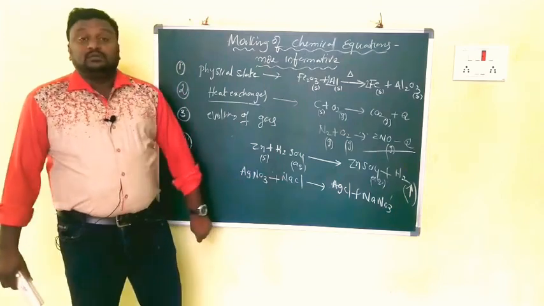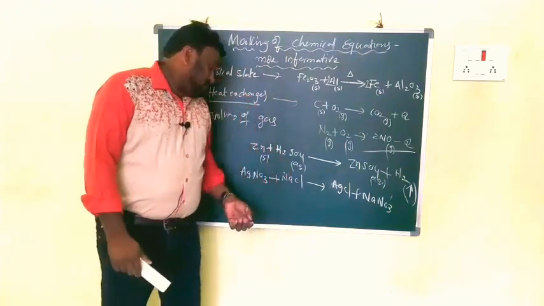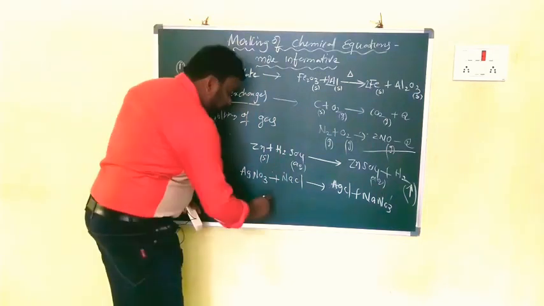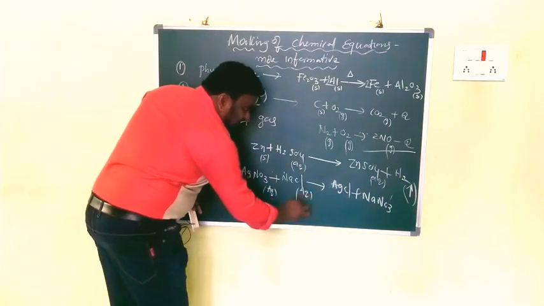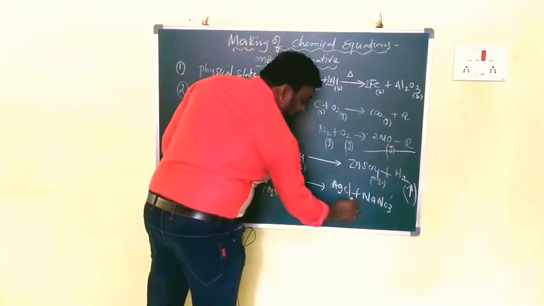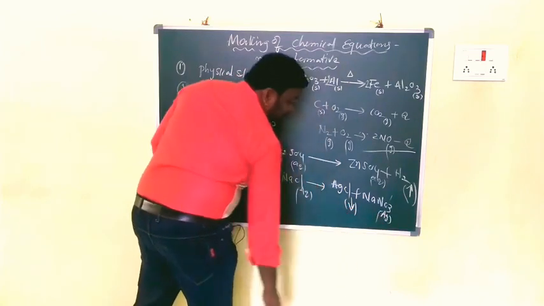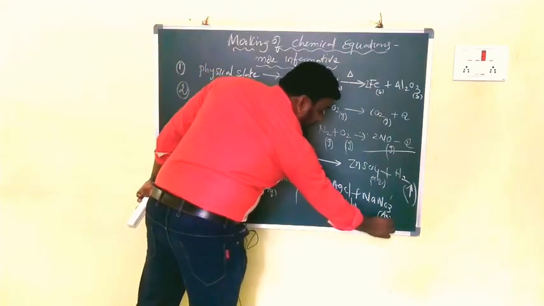What is the thing here now? Formation of precipitation. Silver nitrate is in aqueous form, and this is also aqueous, and this is the precipitate, shown by a downward arrow, and this is aqueous. Aqueous means we have to write aq.